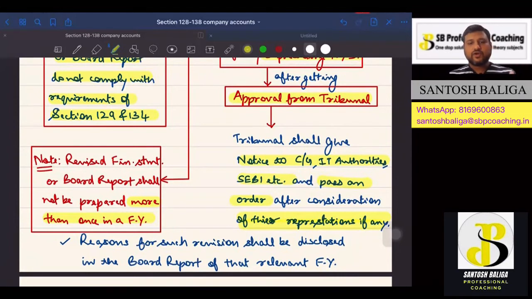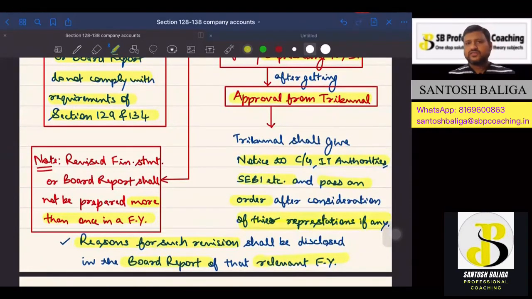I hope all these points are understood. Whenever the board of directors revise the financial statement or board report, the reason for the revision shall also be disclosed in the board report of that relevant financial year.